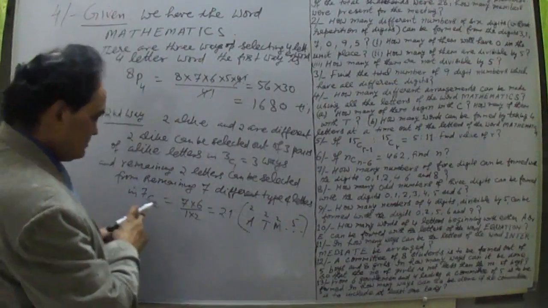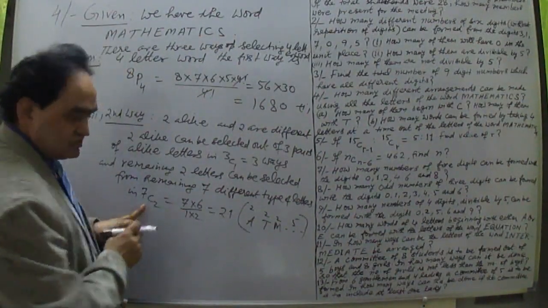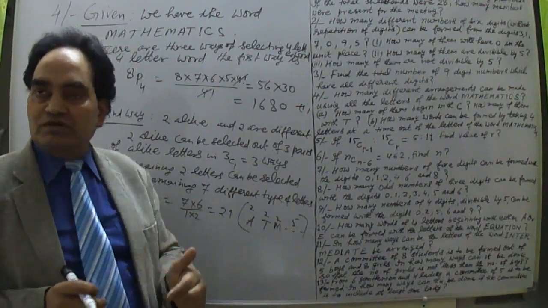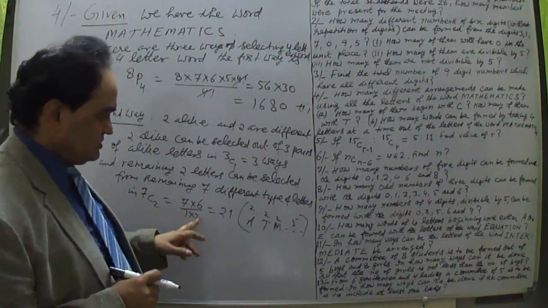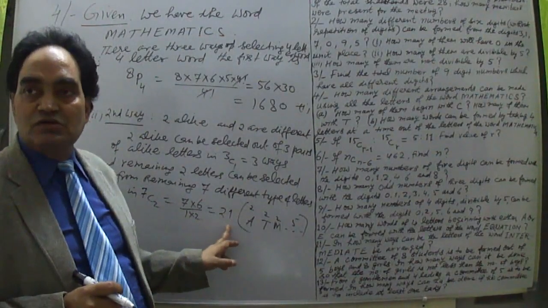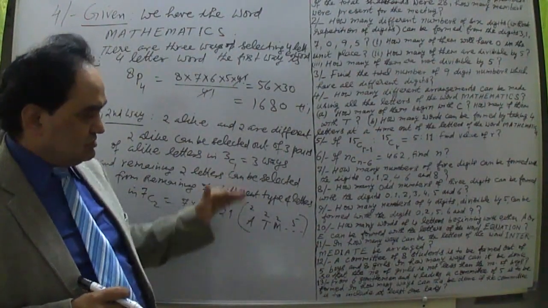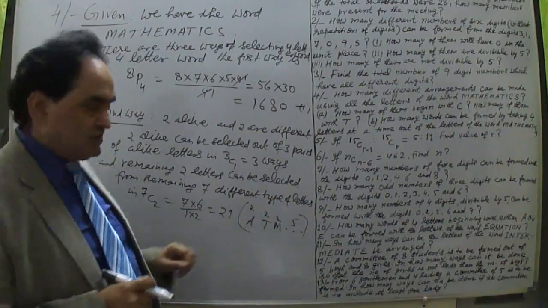So out of those 7 different types of characters, 2 letters are to be selected. They can be selected in 7C2 ways, that means 21 ways. Now let me talk about the group of these 2 alike and 2 different characters.